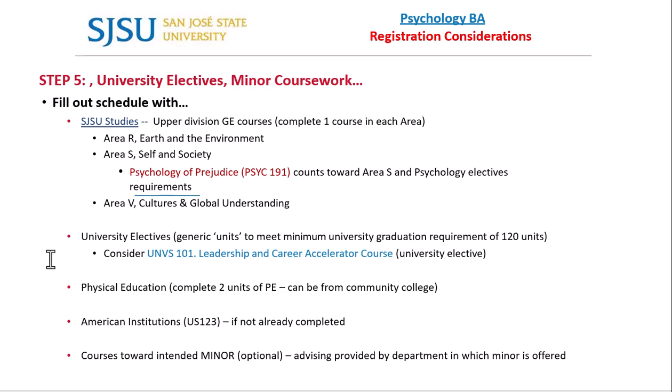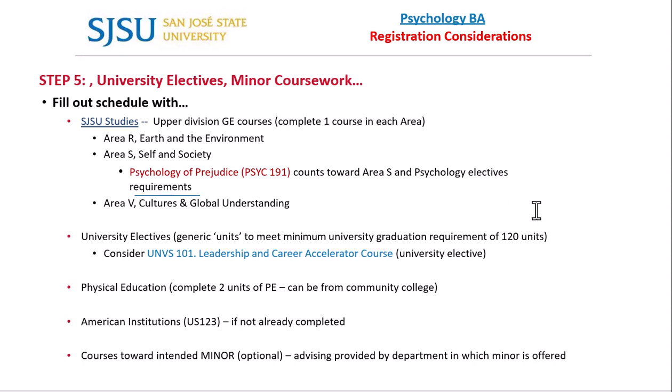Now, for some students, you might need to take university electives. Okay, so a university elective basically are generic units that you need to reach the minimum graduation requirement of 120 units.